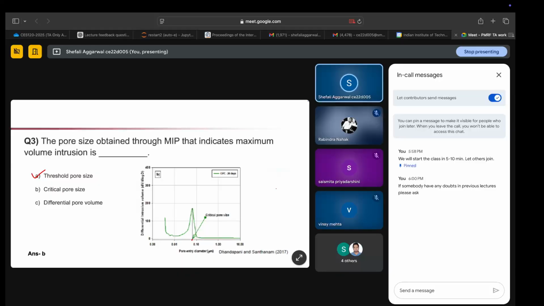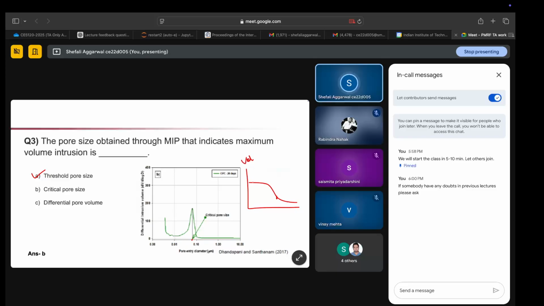In case of threshold pore size, the graph is like this, right? So that threshold pore size is not telling us about the volume intrusion. What was on the y-axis, in case you remember? It is mainly permeable volume, right?